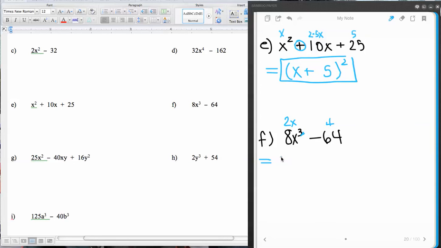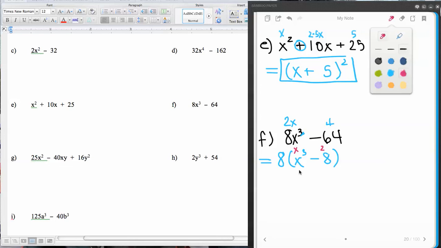So yes, there's a GCF here. So 8 and then x cubed minus 8, and then we see, oh yeah, it's still got a GCF, right? So we're going to take out, or excuse me, not GCF, but it's still got a difference of two perfect cubes. So we have the roots there of each of those, and now we can finish off our factoring problem.